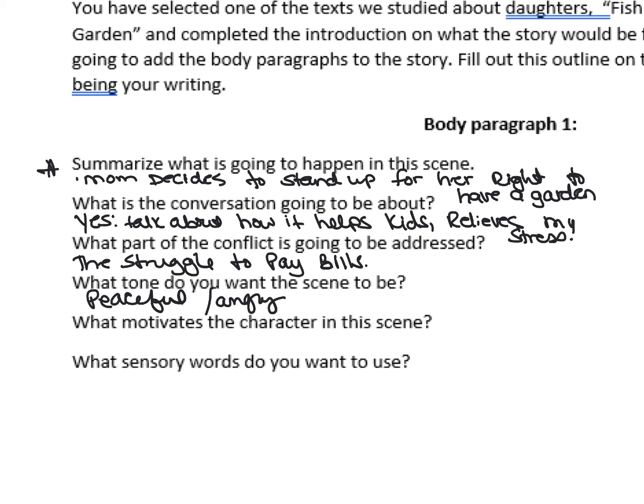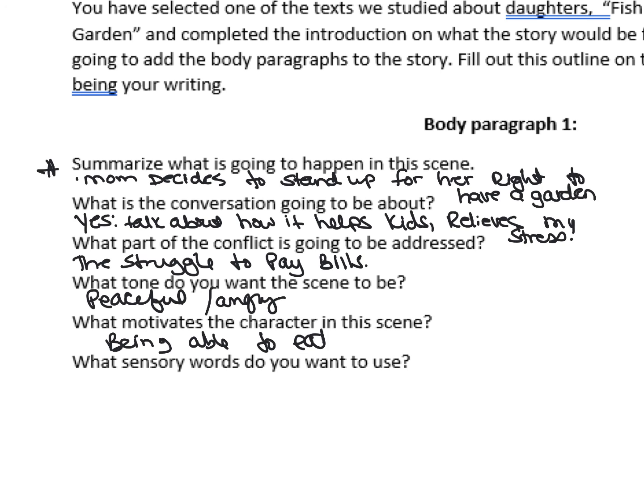All right, what motivates the character? She wants to pay her bills, so the motivation is going to be protecting her daughter. It's going to be being able to eat. Whatever matches your storyline. And what kind of sensory words do you want to do?